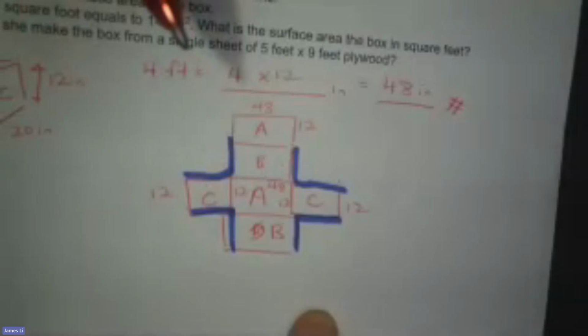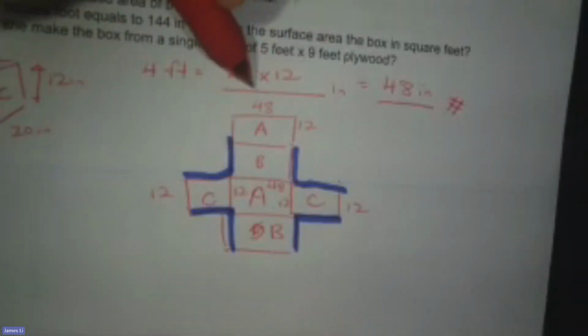Let me just zoom in a bit better. Now, if this to this is 12, therefore here to here will be 12.